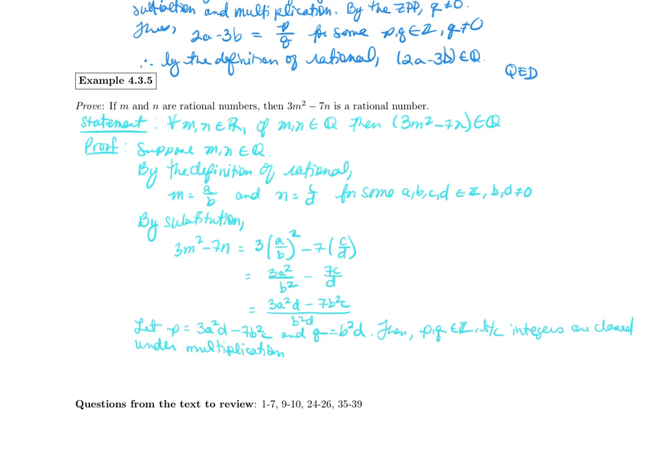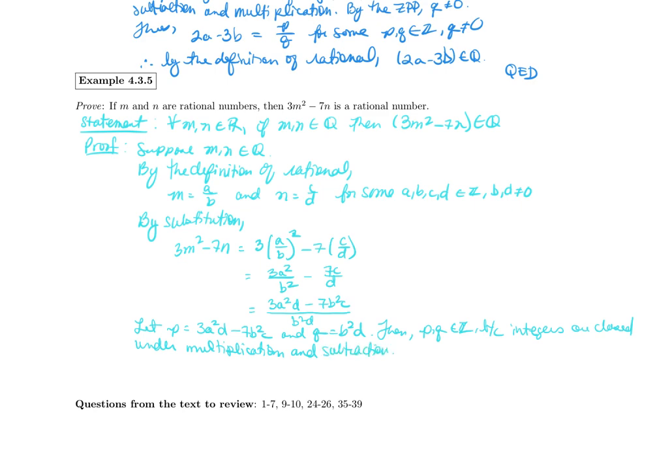Because it's repeated multiplication. 3a squared d is 3 times a times a times d. So even exponents, I don't mean even in terms of like an even number. I mean also when we have exponents, we will have multiplication. So here we're using the operations of multiplication and subtraction. We don't have any addition this time.